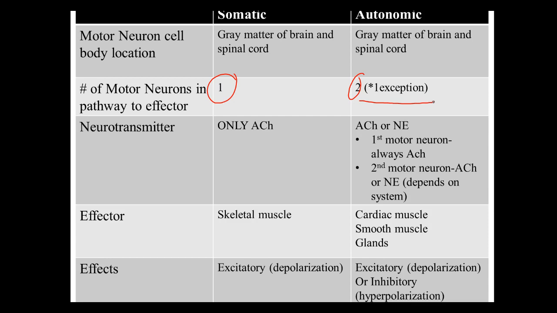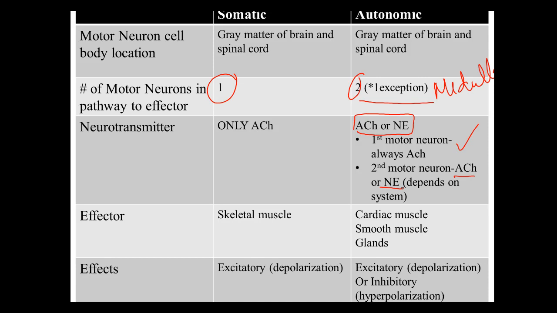If you said when it went to the adrenal medulla, you're correct. The somatic only releases ACH, but the autonomic can release ACH or NE. So the rules: the first one always releases ACH, the second one can release ACH or NE.